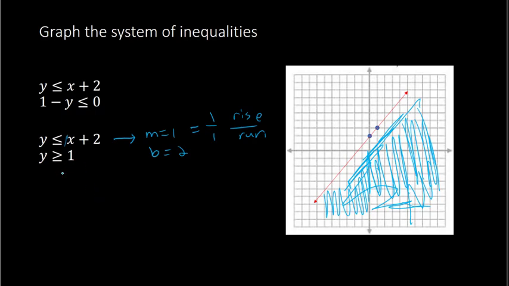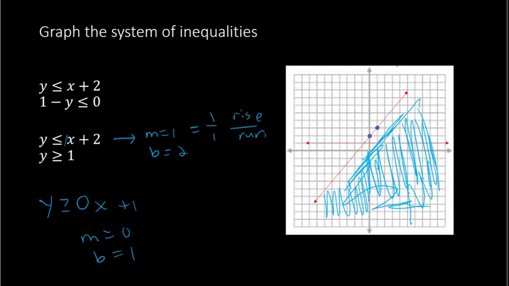Then I do the same thing with the second inequality. We have y is greater than or equal to 1, and if it's helpful, you can think of this as 0x plus 1, where the slope is 0 and the y-intercept is 1. The y-intercept is 1, and it's going to be a horizontal line because the slope is 0.